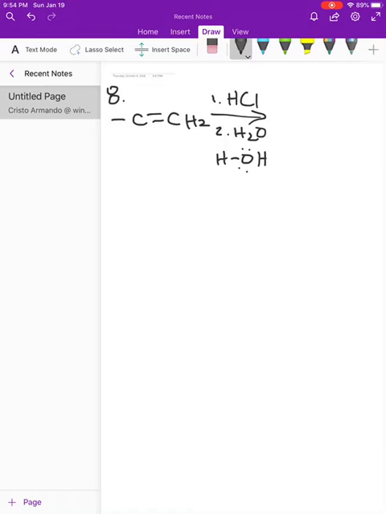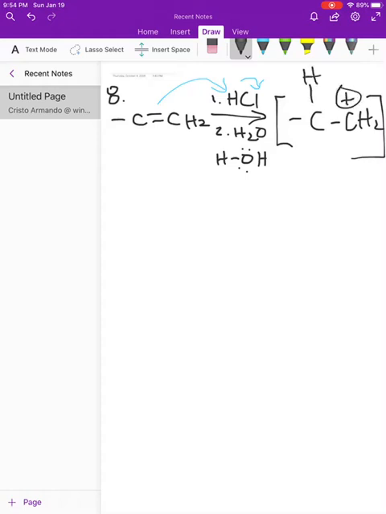So what we are going to have here is the double bond going to grab the H, and the bond between the hydrogen and the chlorine goes to the chlorine. And our first reaction intermediate is this, with a positive charge right here, and a hydrogen right here.